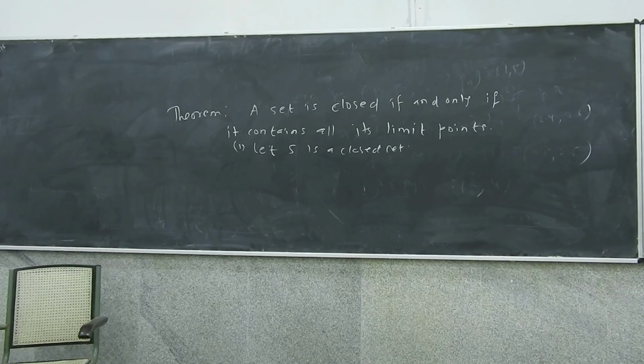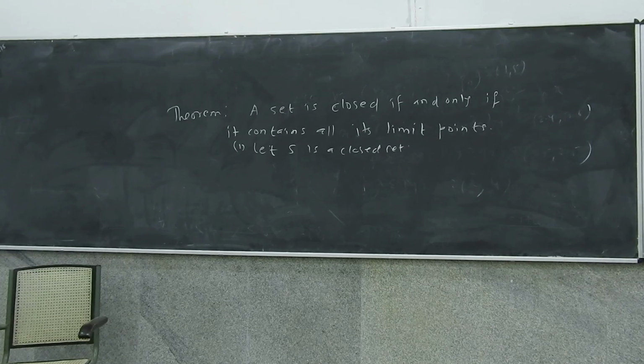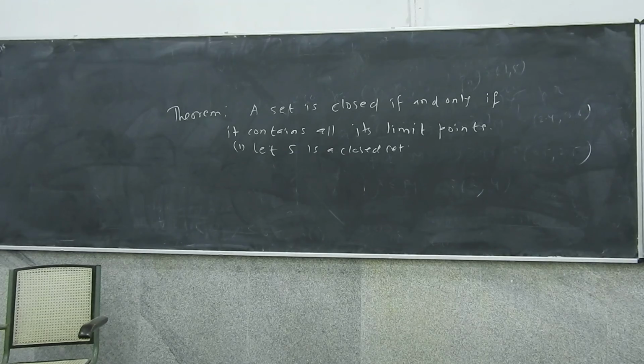And in reverse, if a set contains all its limit points, it will necessarily be closed, because the theorem says if and only if. It says A implies B and B implies A. So the set is closed implies that it contains all its limit points, and if it contains all its limit points, it is closed.